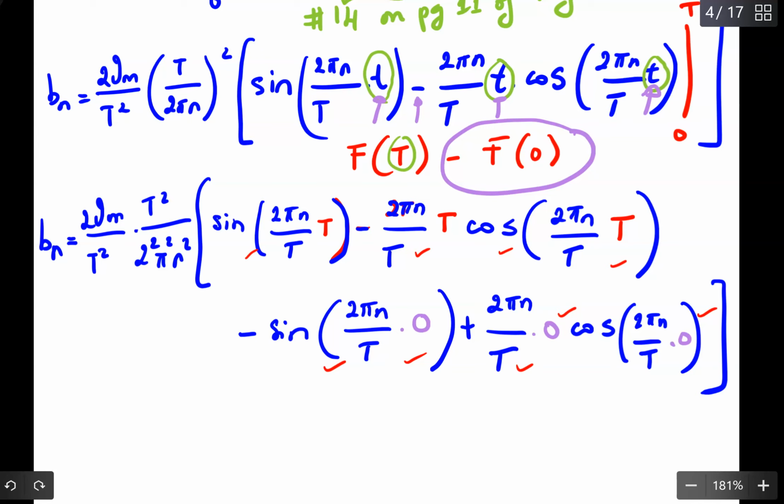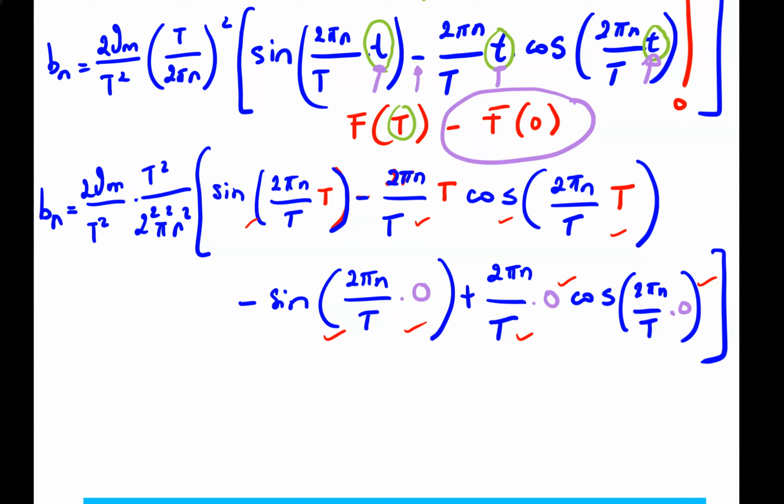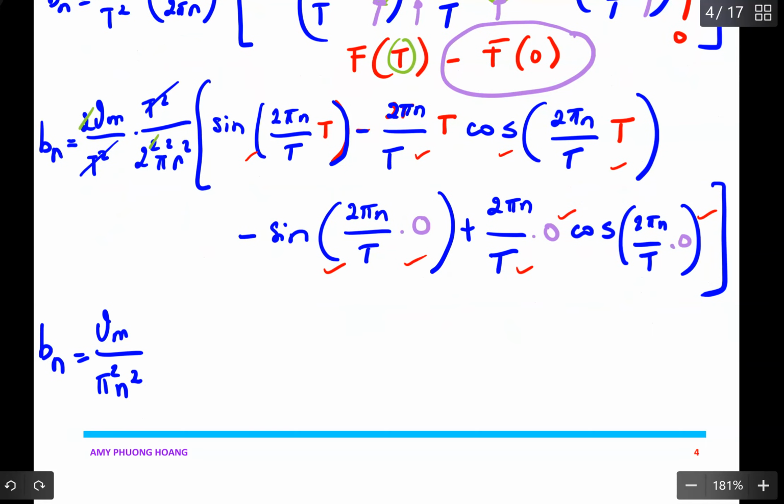Okay, so now I can simplify a few things. I can see that I can simplify the T with the T, but let's write everything down first. So I have Bn, and I simplify that with that. What I have left is the Vmax over pi squared n squared. So what do I have inside the bracket now?